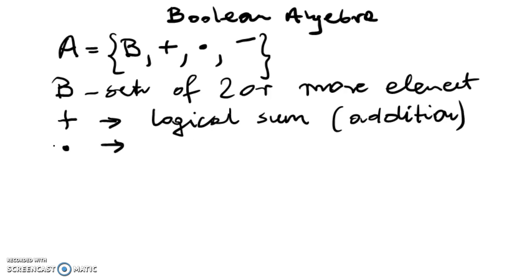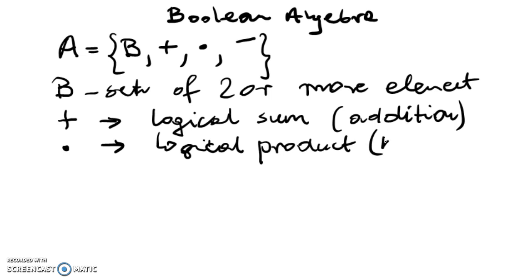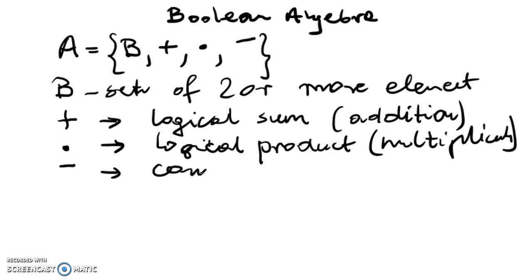And this is conjunction, which will be named logical multiplication or product, and the name of the operation is multiplication. And the third operator, as I said, is the complement. So in one example the logical sum was the disjunction, the logical product was the conjunction, and the complement was the "not true that" operator.